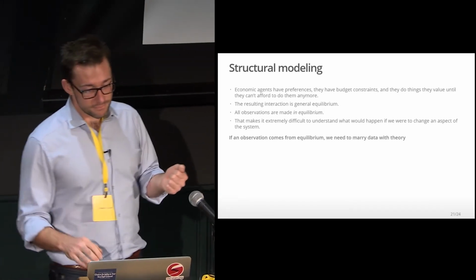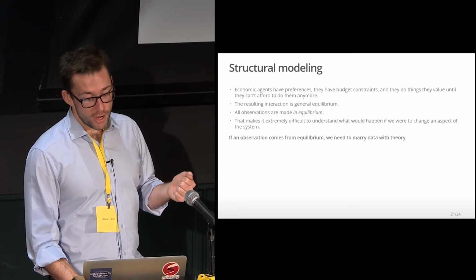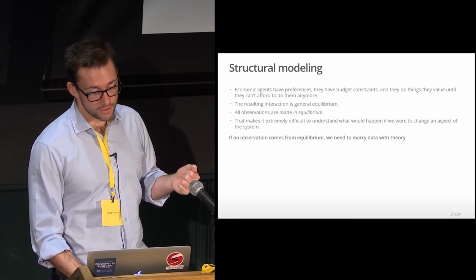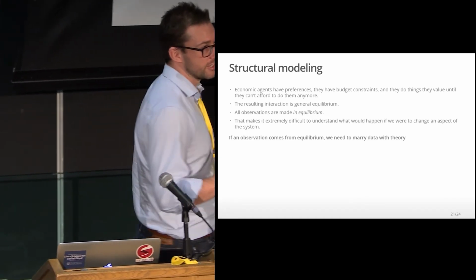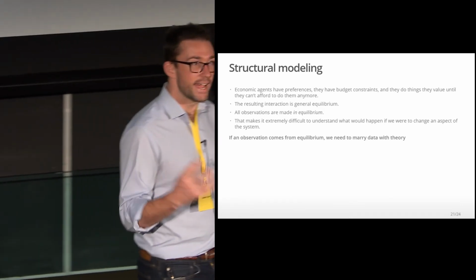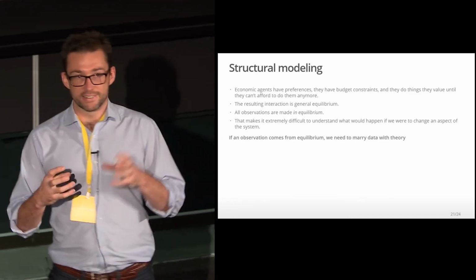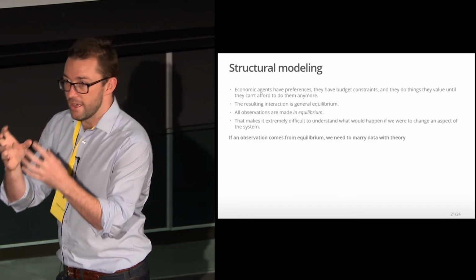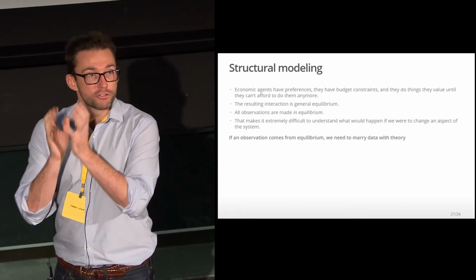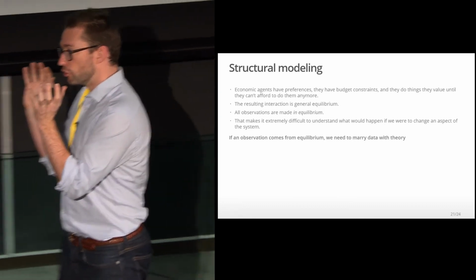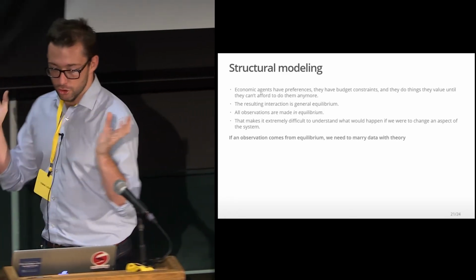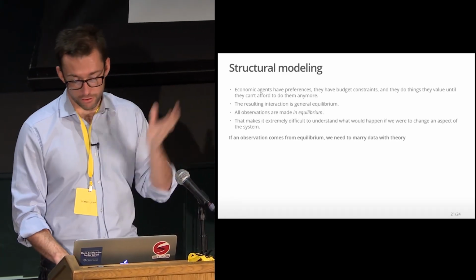Okay? So if you are working with a system where your observations are coming from such an equilibrium, where there is some game or some market that brings together people, and the data that you have emerge from this equilibrium, and if you're not using theory, your model's bunk, and you need to do something else.